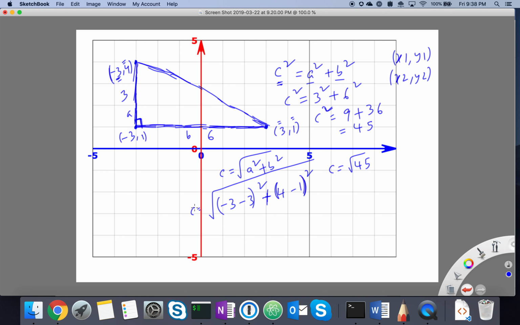This is nothing but the distance formula. So let's find out, there are 2 points, x1, y1 and x2, y2. How can we find the distance between 2 points? The distance d is nothing but the square root of the difference between x coordinates, which is x1 minus x2 whole square, plus y1 minus y2 square.